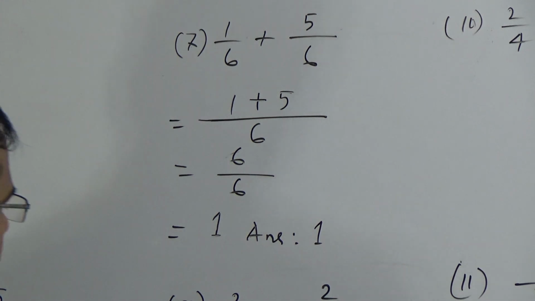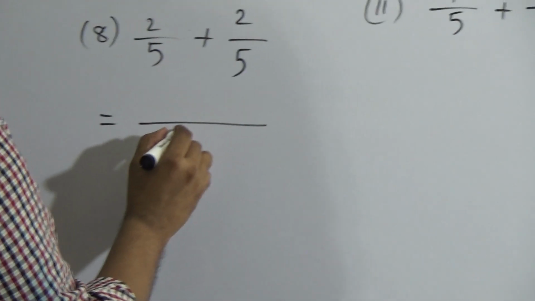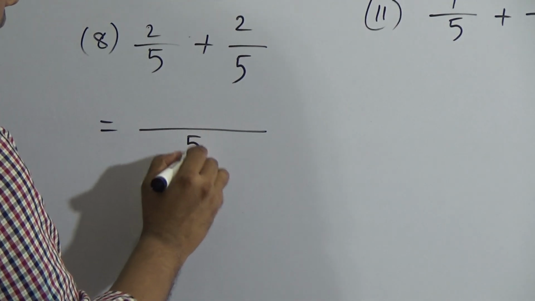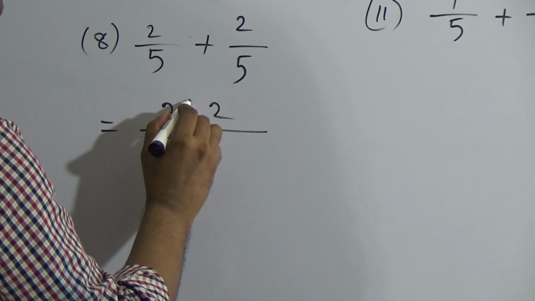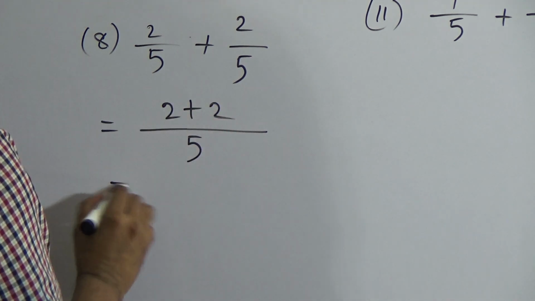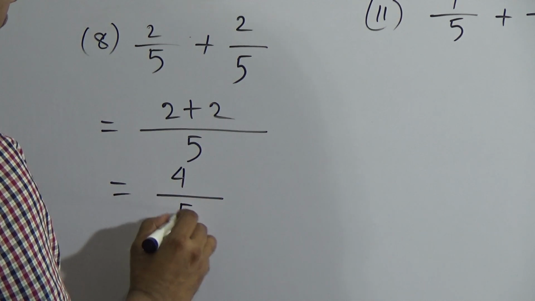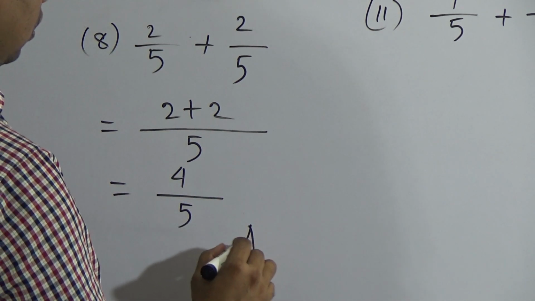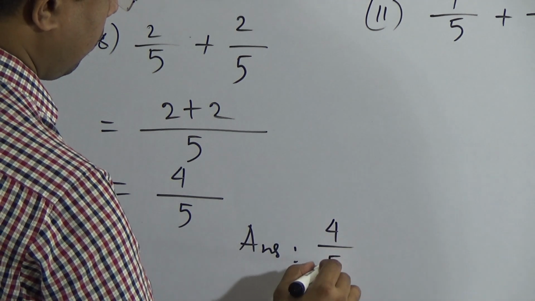Now we'll solve number 8. Same denominators, so we'll write the denominator as 5. Now we'll write these two numerators 2 and 2. Between these two numerators we'll give a plus sign. Now 2 plus 2 equal to 4. 4 by 5. This is the answer. Answer 4 by 5.